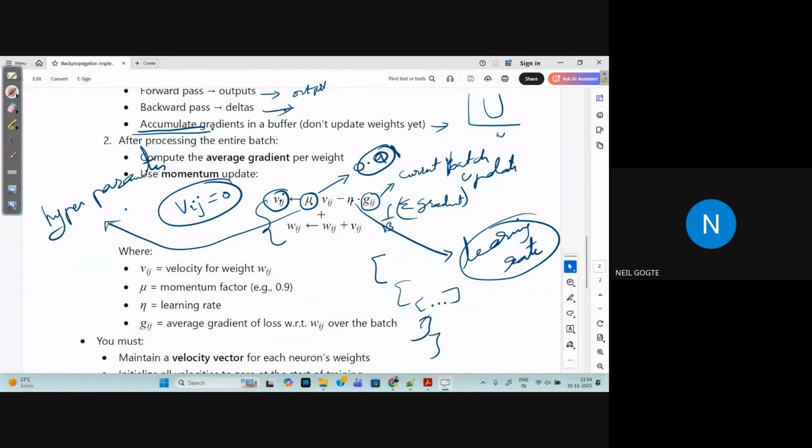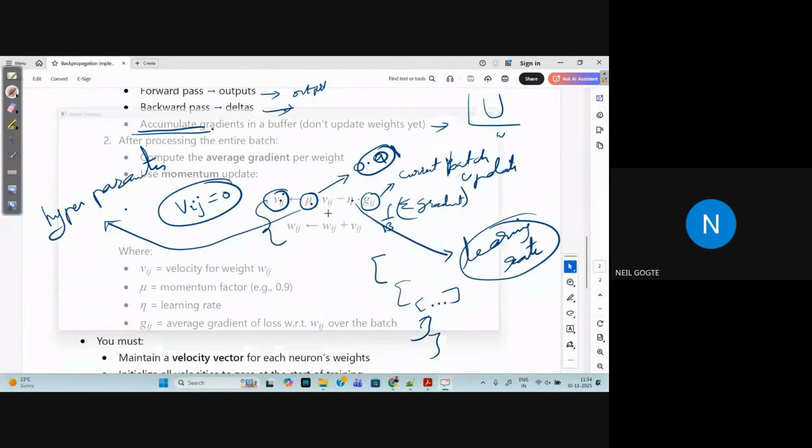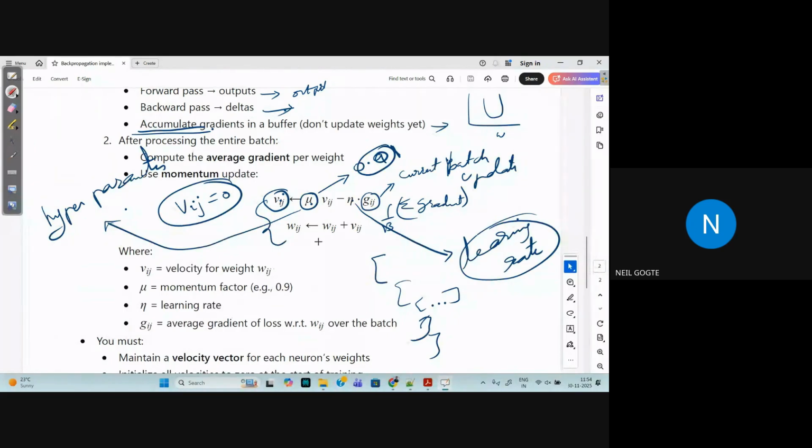So now, thinking forward rather, initially what is memory? Zero. Initially there is no momentum. It starts with zero, like a gradient starts with zero, even this starts at zero. So this is remembered for the whole epoch. It gets reset only at the beginning of the epoch.